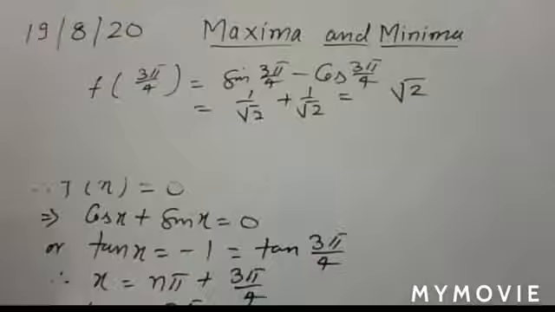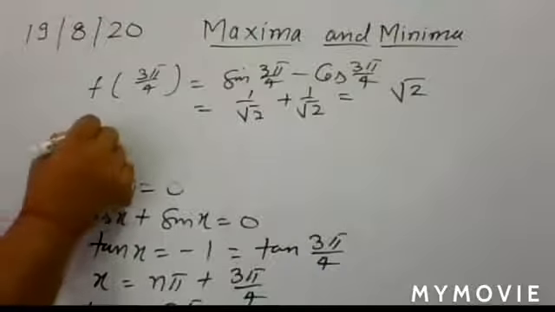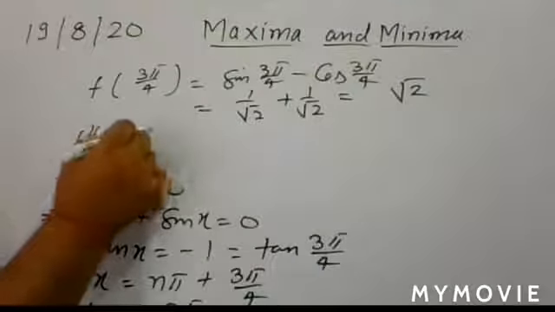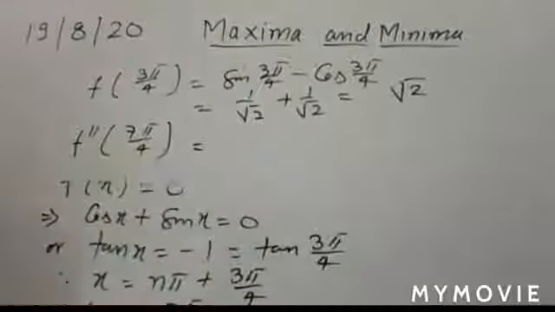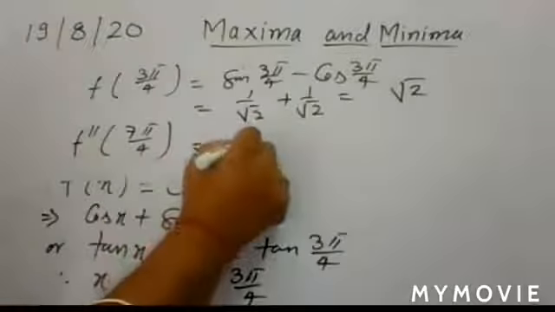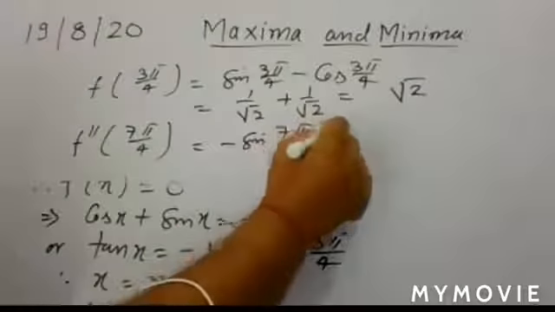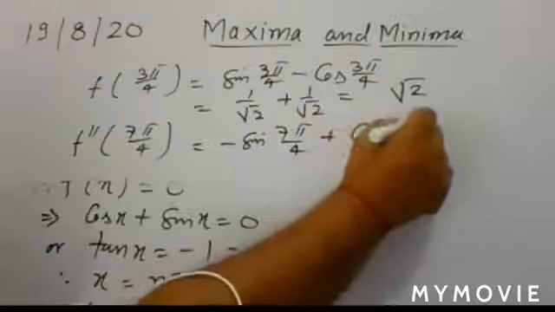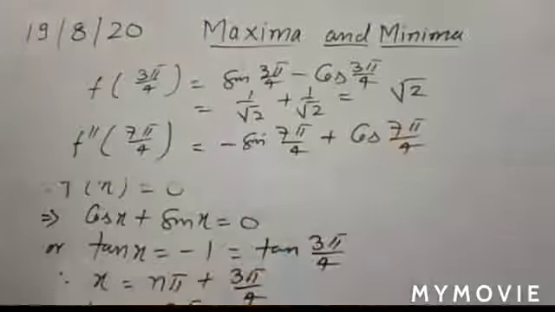Now you check it for 7 pi by 4. In that case, again you write f double dash of 7 pi by 4, which is equal to minus sine 7 pi by 4 plus cos 7 pi by 4. Now check it.